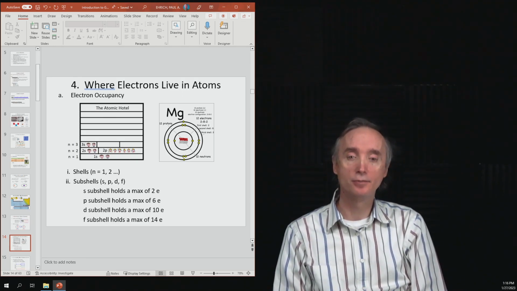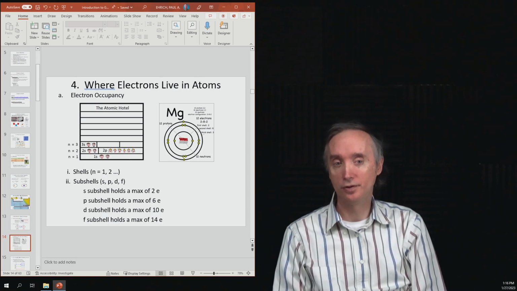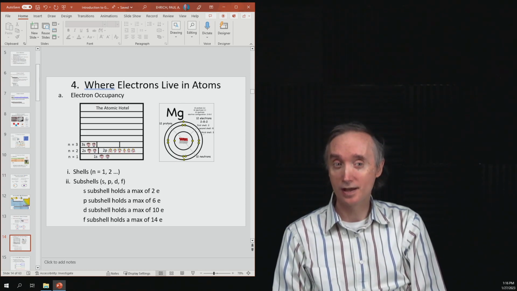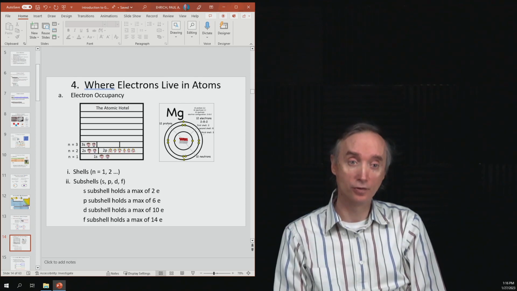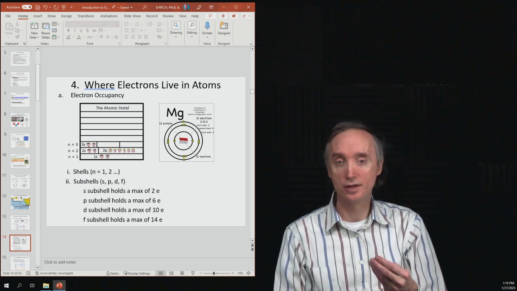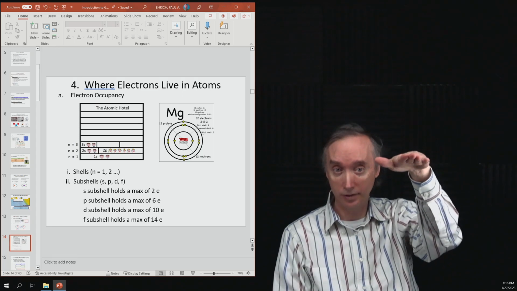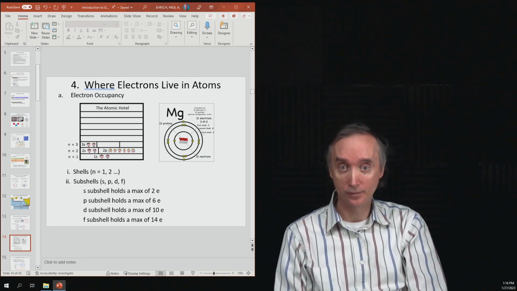For example, in an apartment building, you might live in apartment 308. What does that mean? The 3 means you're on the third floor. Similarly, if we say it's the 3s orbital, that means it's on energy level 3, the third floor.